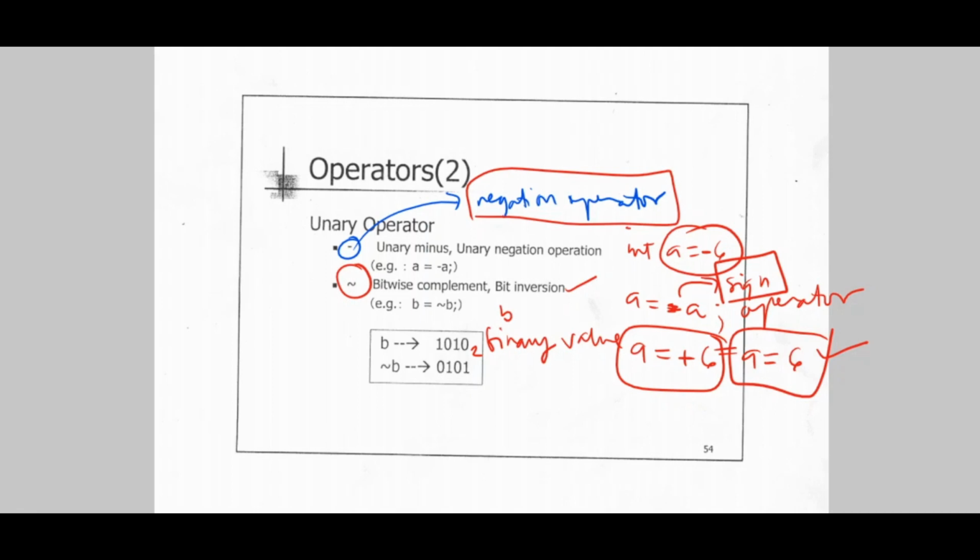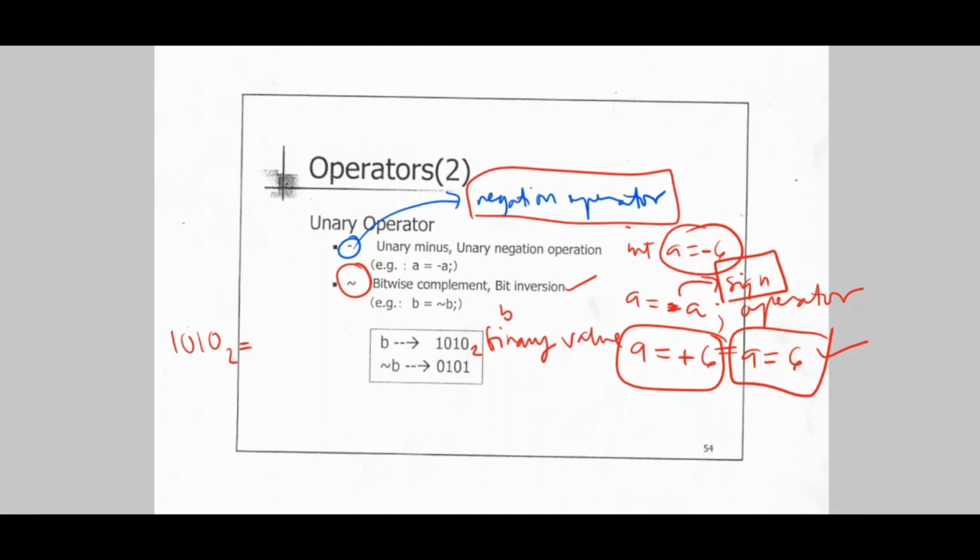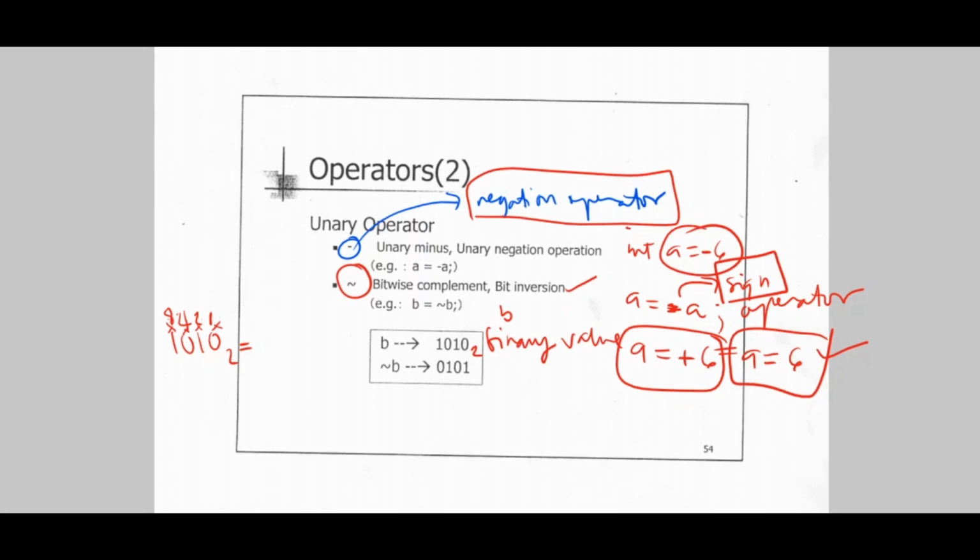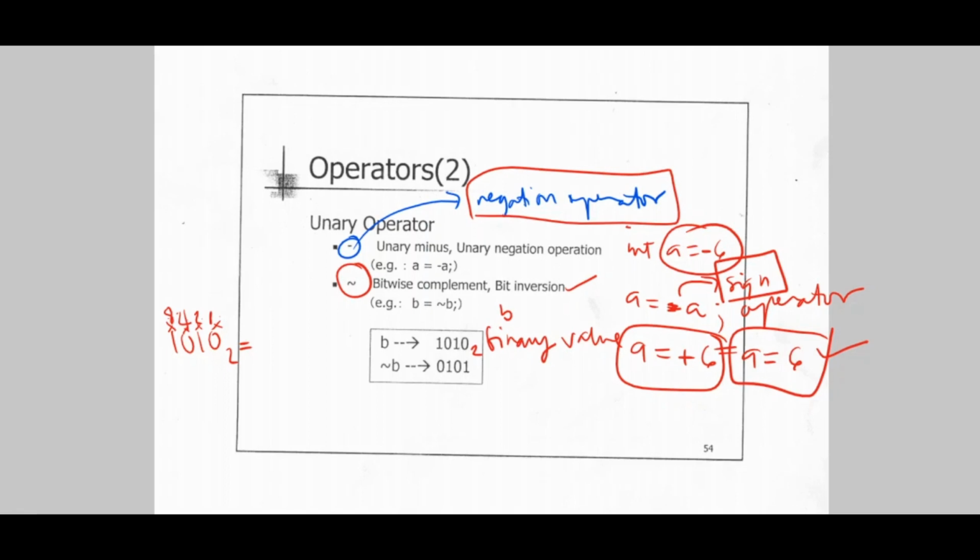The equivalent of this 1010 base 2 in decimal: this bit position is integer value 1, this is 2, this is 4, and this is 8. And so you multiply the integer value with the bit in the bit position, and then you get the sum of the products.